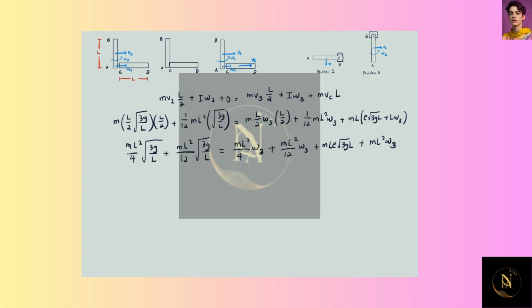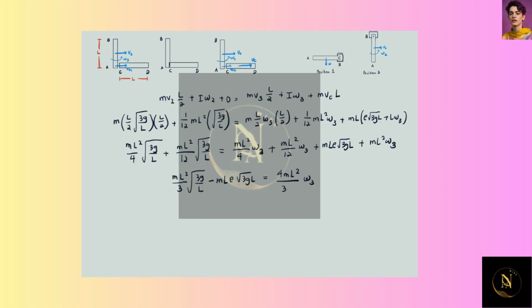Combining the terms on the left-hand side and transposing m L e square root of 3gL to the left-hand side, our equation becomes m L squared over 3 square root of 3gL minus m L e square root of 3gL equals, for the right hand side, combining all terms with omega 3, 4 m L squared over 3 omega 3.